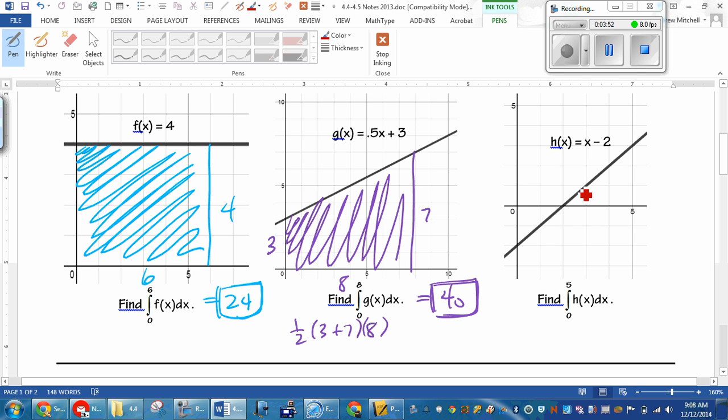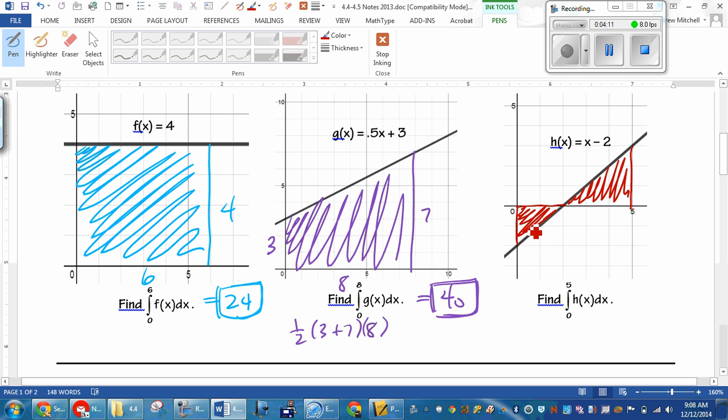And then our last one is the area under the curve from 0 to 5. This time, part of the graph is below the x-axis, but we're still finding the area between the graph and the x-axis. So we're finding this triangle, and then we're finding this triangle over here as well.